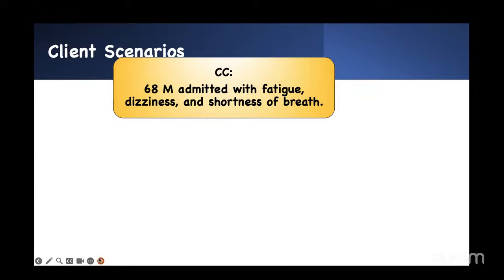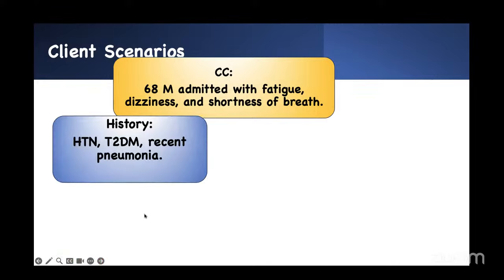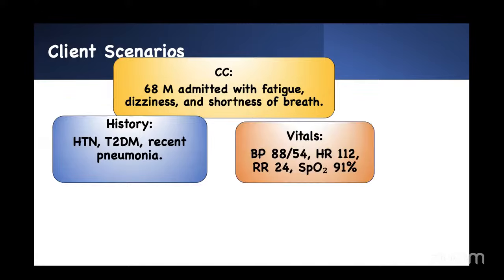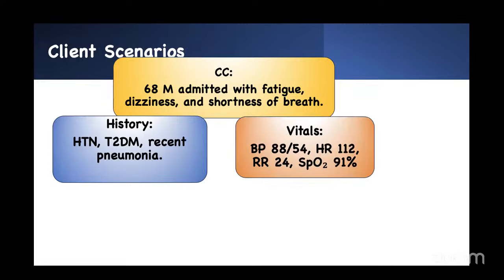What is the issue? This is the history: hypertension, right? Diabetes, recent pneumonia. Those are very important. Pay attention. Look at the vitals. Blood pressure 88/54. That should tell you this patient is not doing well. Heart rate of what? 112.